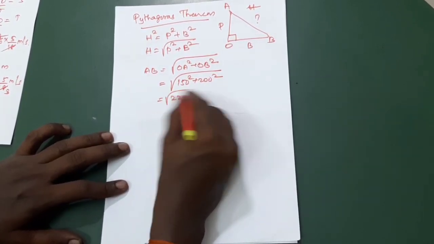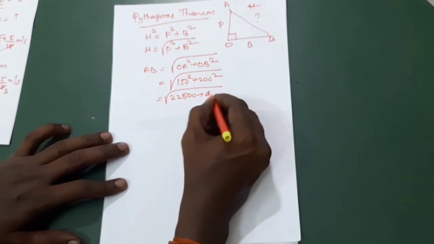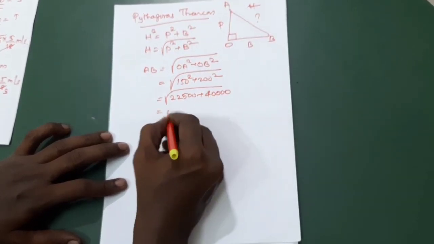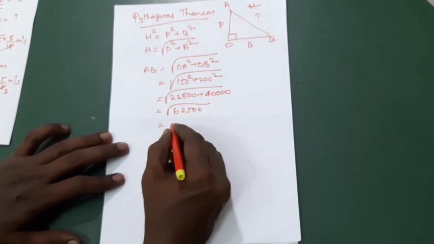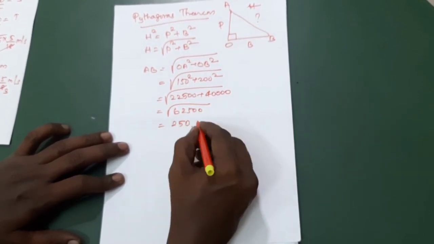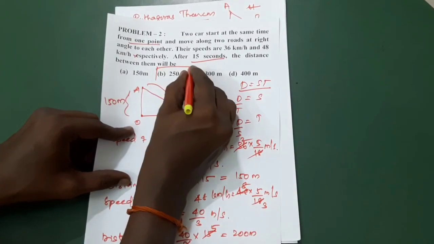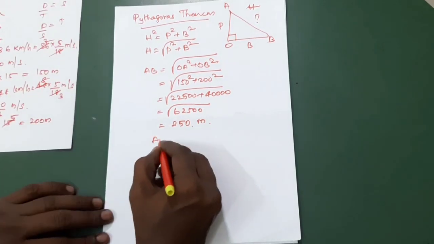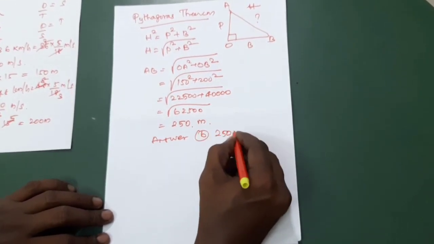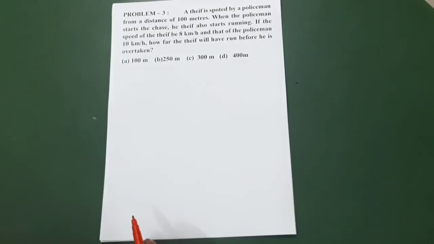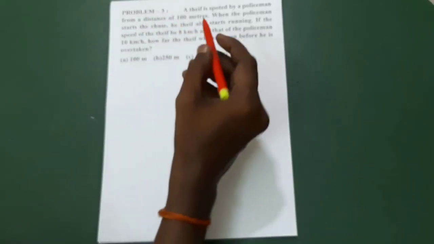So we are getting, the square root, we are taking 250 meters. So therefore here is the 250. So the answer is B, 250 meters.